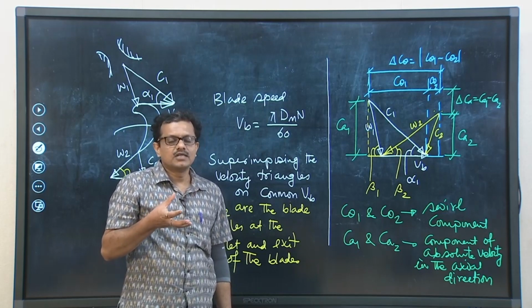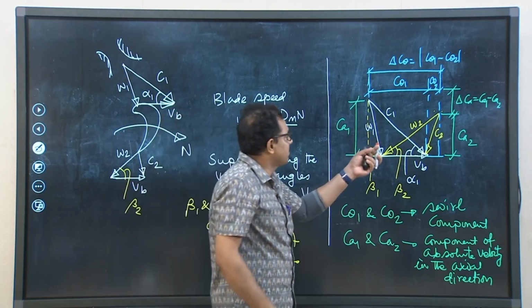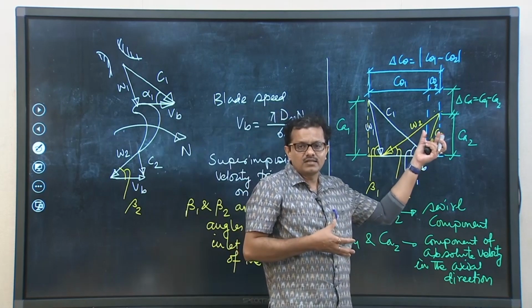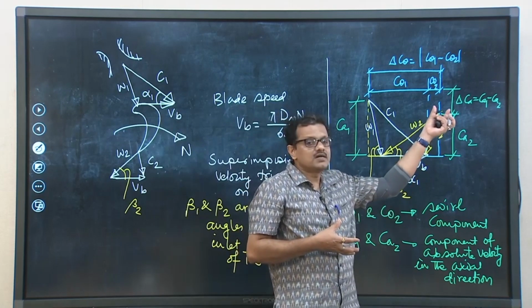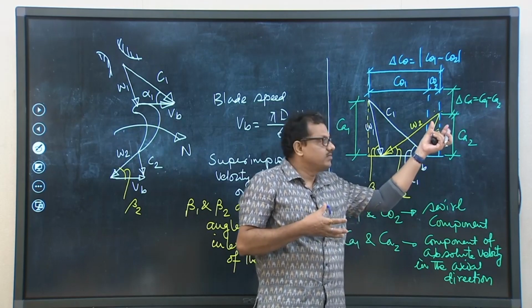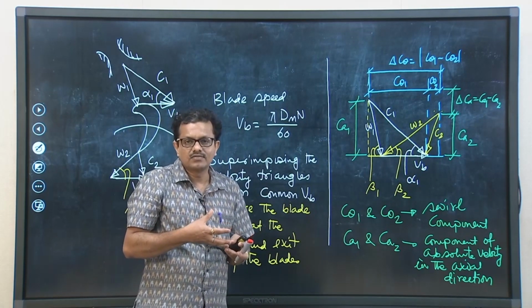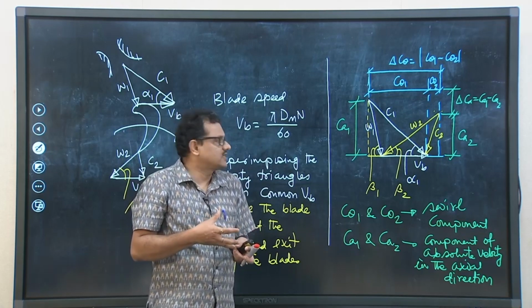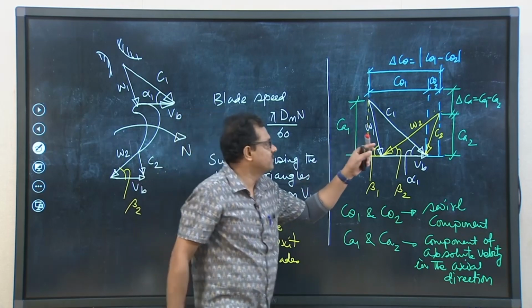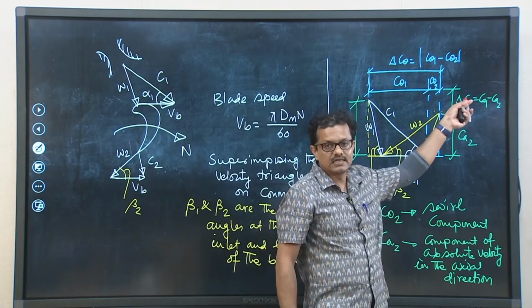We can draw the velocity triangles, and by drawing them properly to scale we can see the magnitude of this component delta CA.